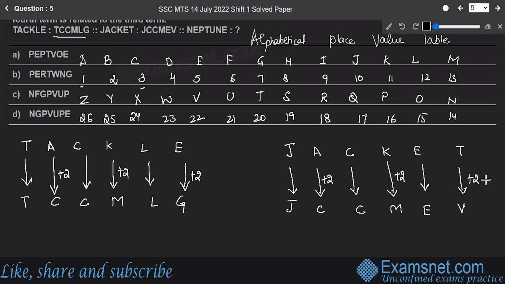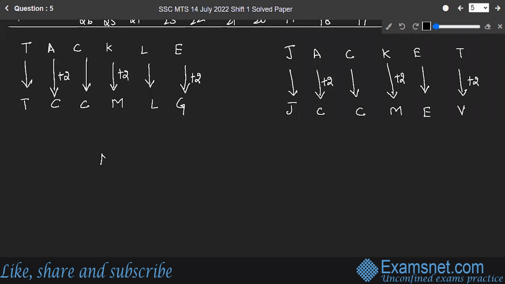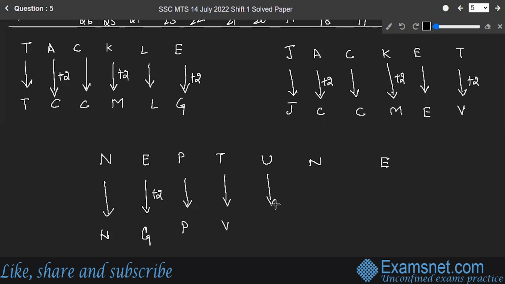Okay. Let's go with the one, NEPTUNE. We have to find out. So in NEPTUNE, N stays as such and will not change. E, F, G. So here will be G. P will be kept as such. T, U, V. So here is +2 and U will be kept as such.